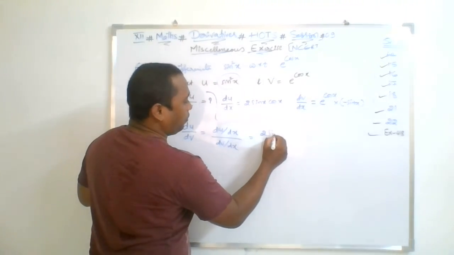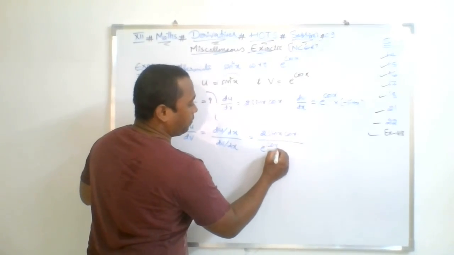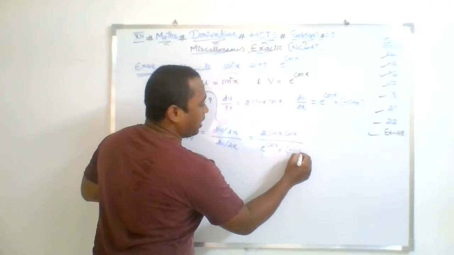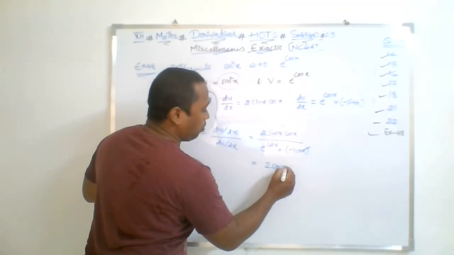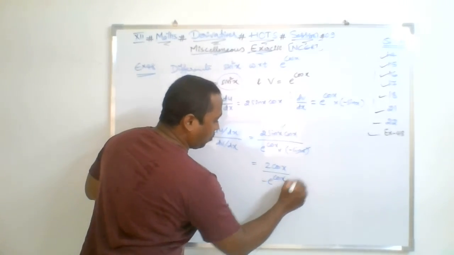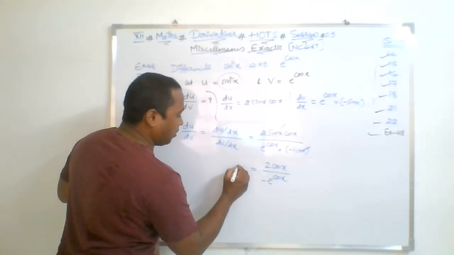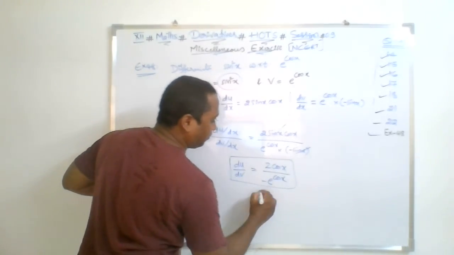So, what would your answer be? 2 sine x cos x by e to the power of cos x into minus sine x. Sine x gets cancelled. Your answer is 2 cos x by minus e to the power of cos x. So this is your du by dv.